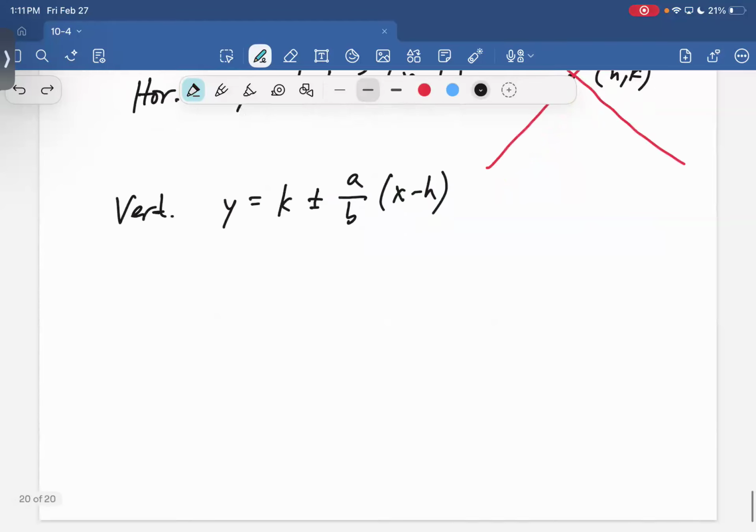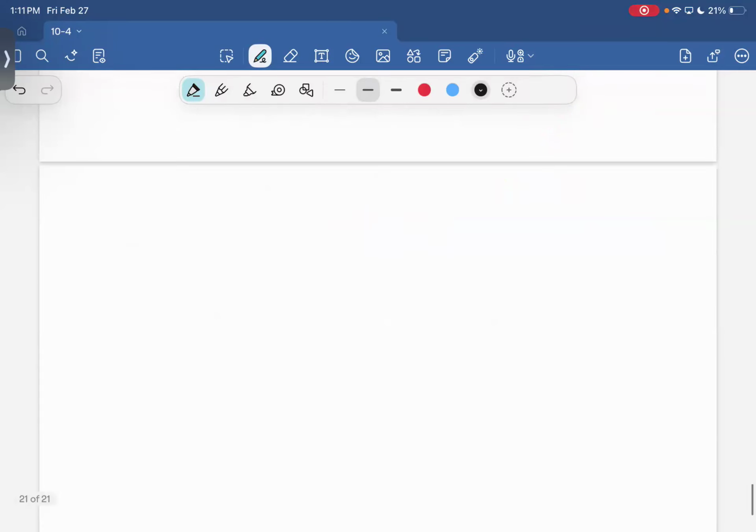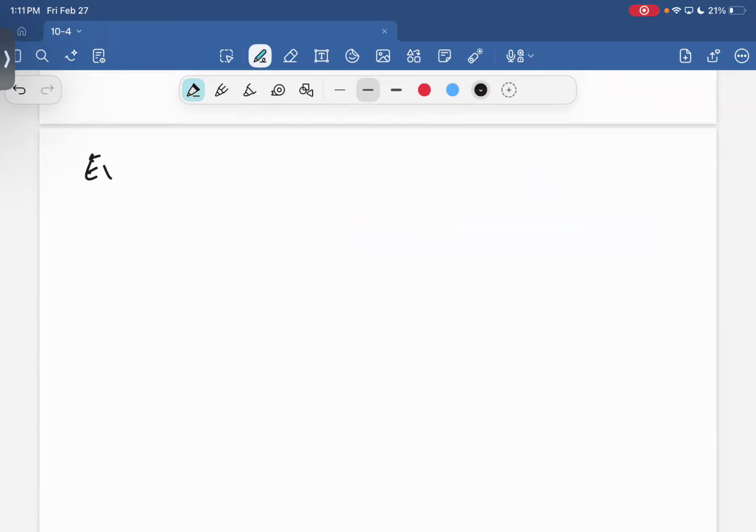Let me do an example, not from the classwork. This will be similar to 1e because people have trouble with that. So let's say we have our two vertices on the hyperbola, 1, 7 and 7, 7. Okay.